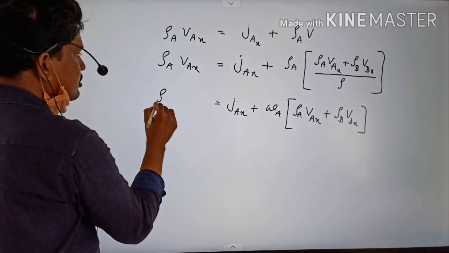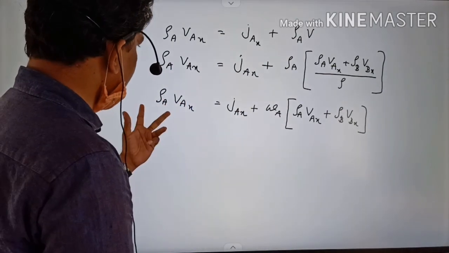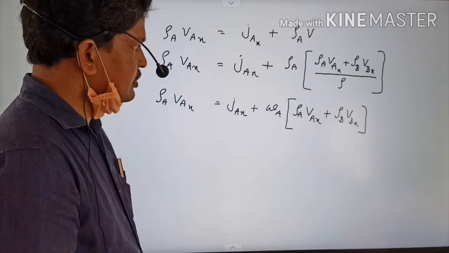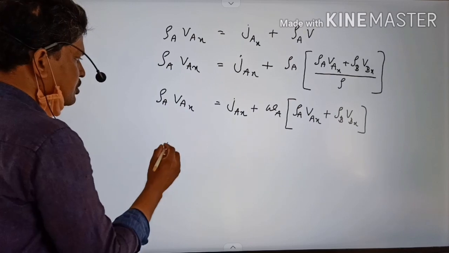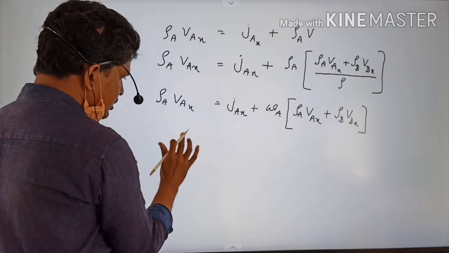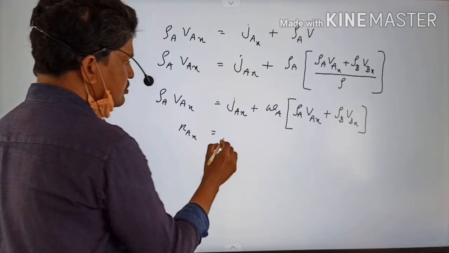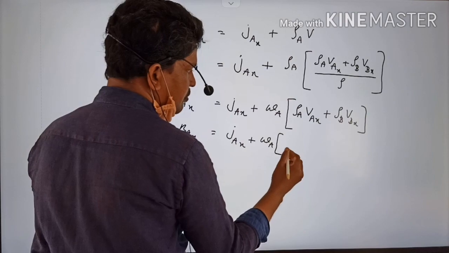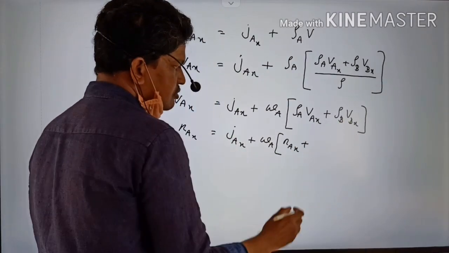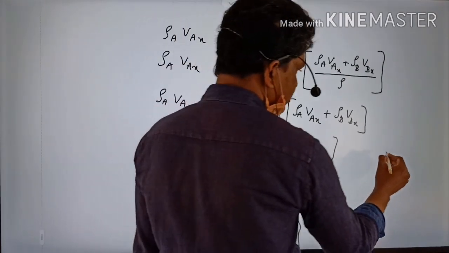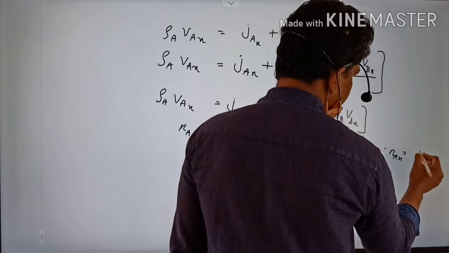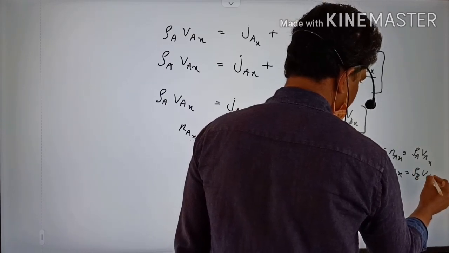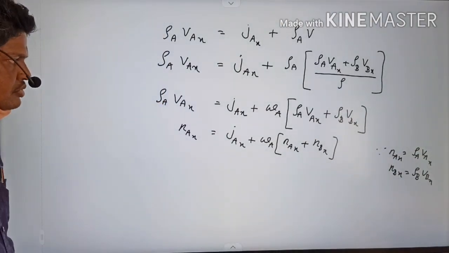That is the total flux of component A in x direction, equal to the diffusion flux plus the bulk motion term. Then NAx equals jAx plus wA into NAx plus NBx, since NAx is equal to rho A VAx and NBx is equal to rho B VBx, the total mass flux.